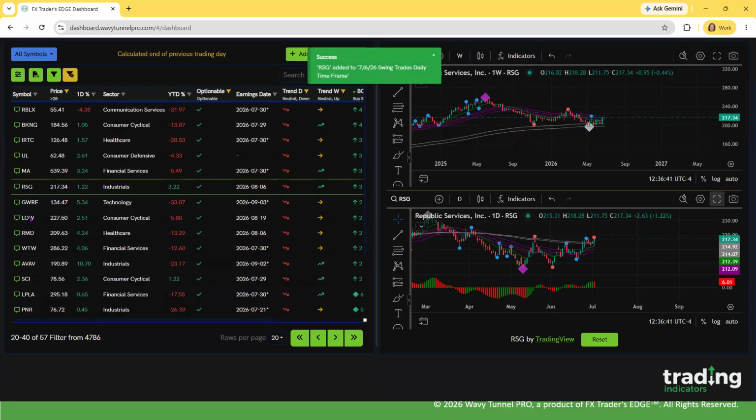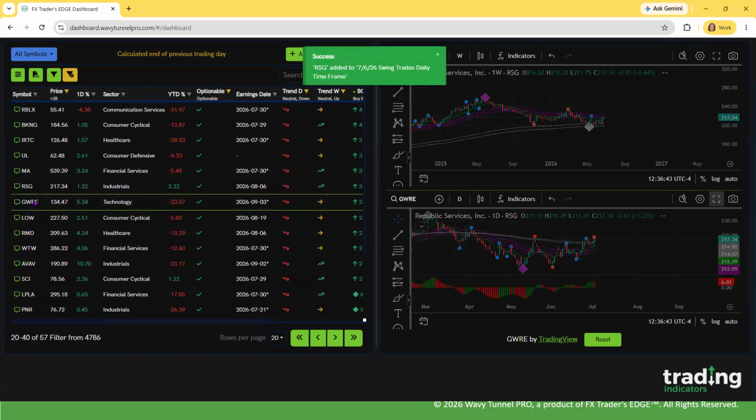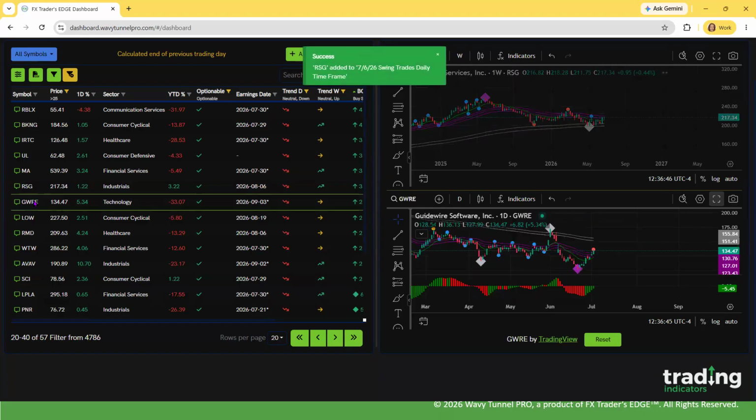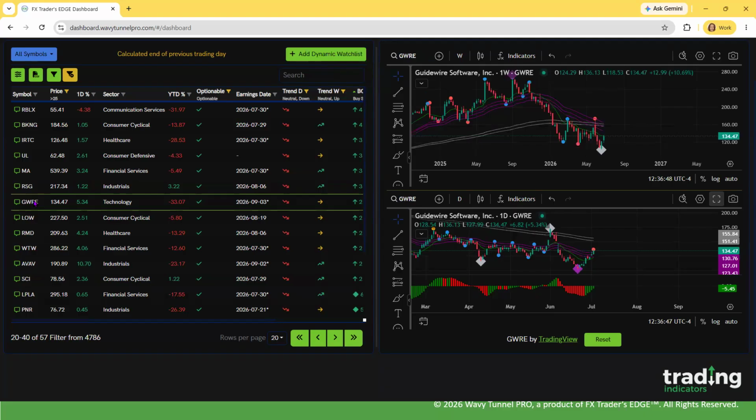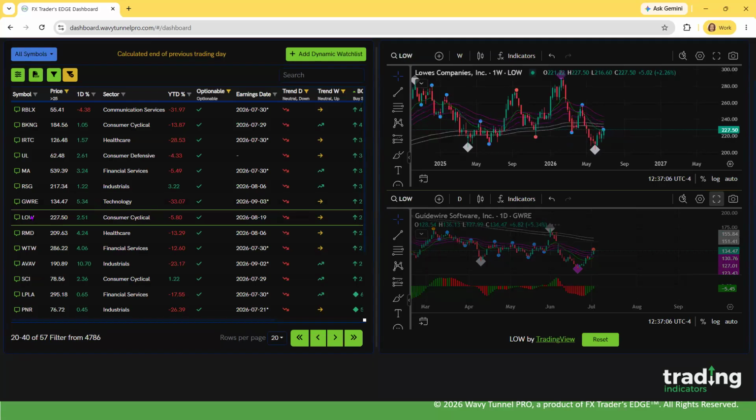Okay, all right. Let's just look at a few more, and we're going to go quickly through these. I'm not happy with this because the wave is really crossing down below the tunnel. It's almost down below the tunnel. I would normally like to look at how long the uptrend has been, but we're not going to do that. We're just going to keep moving, just like we did before.